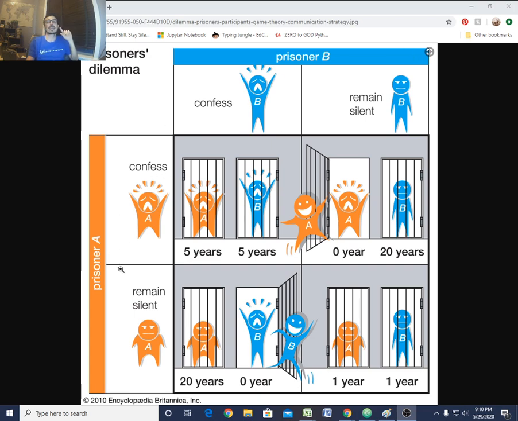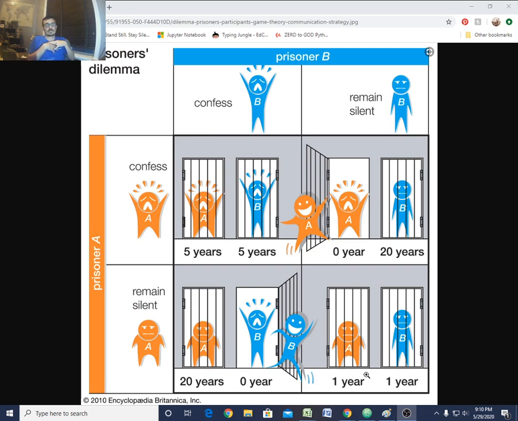Prisoner A, if you tell me what this bigger crime was and you rat out the other guy, you will get 0 years in prison and he will get 20 years in prison. If you talk and he talks, you'll both get 5. But if he talks and you don't talk, he'll get 0 and you'll get 20. The prisoners already know that if neither of them talks, they both get a year.